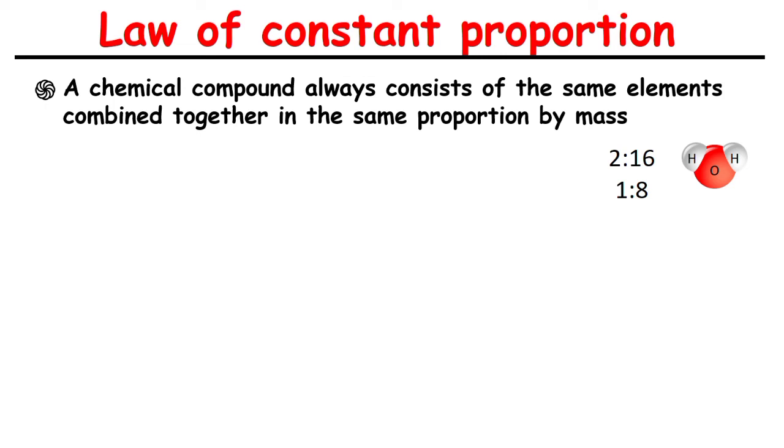So let's see the definition. A chemical compound always consists of the same elements combined together in the same proportion by mass. You can see here that the water molecule has two hydrogen atoms and one oxygen atom.